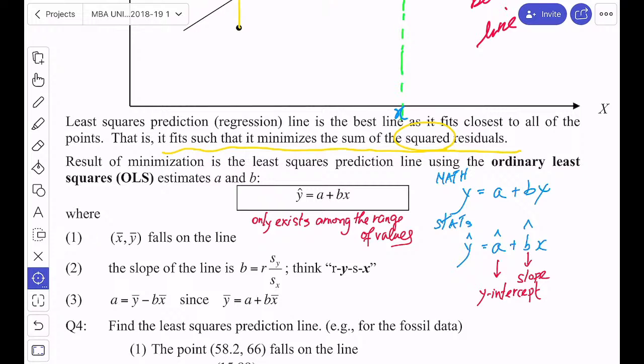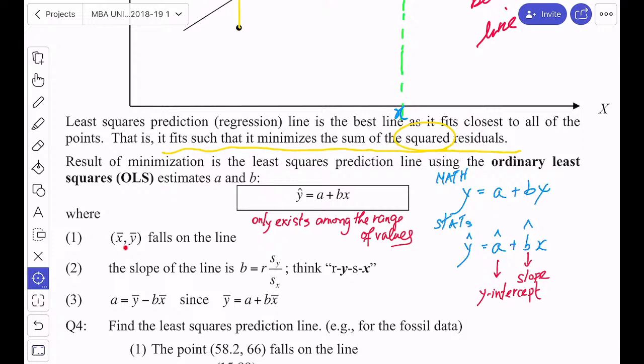First, the line must fall on the point defined by the means: the mean for the x values and the mean for the y values. Remember, we were using the means in both directions and comparing all the values to the mean. The very way that the correlation is computed depends on the relationship or trend in relation to the means.